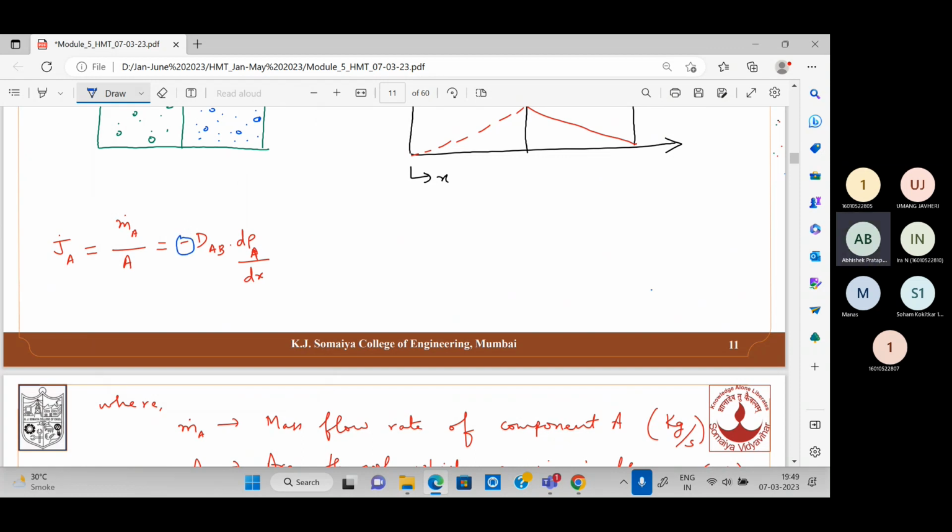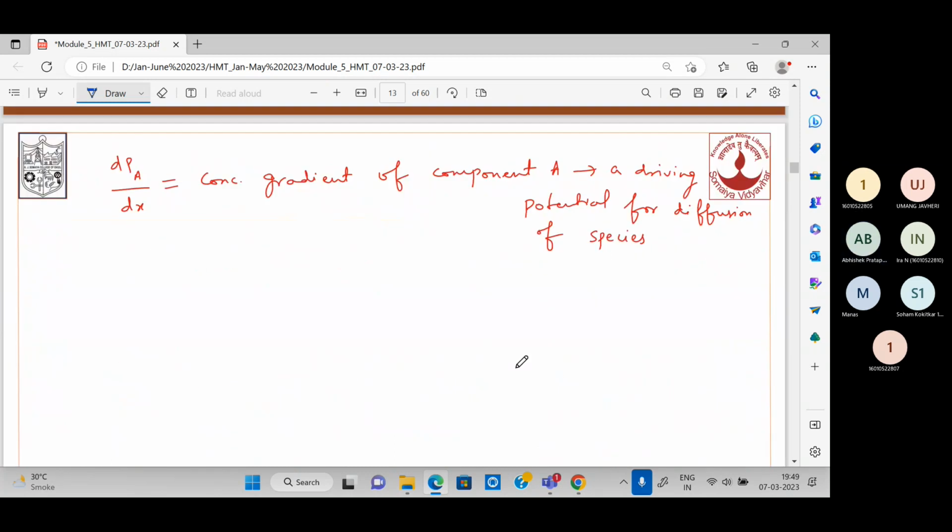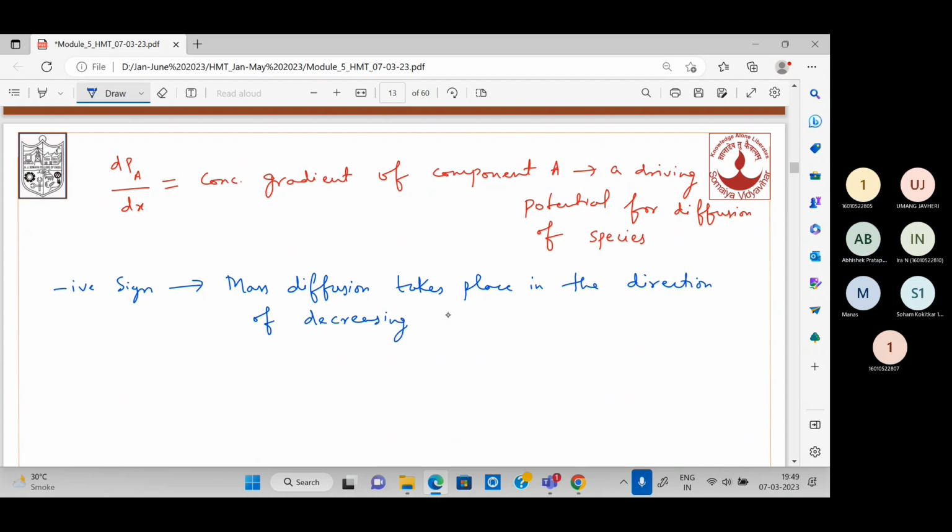This negative sign indicates that mass diffusion takes place in the direction of decreasing concentration. We have already discussed all these things in heat transfer.